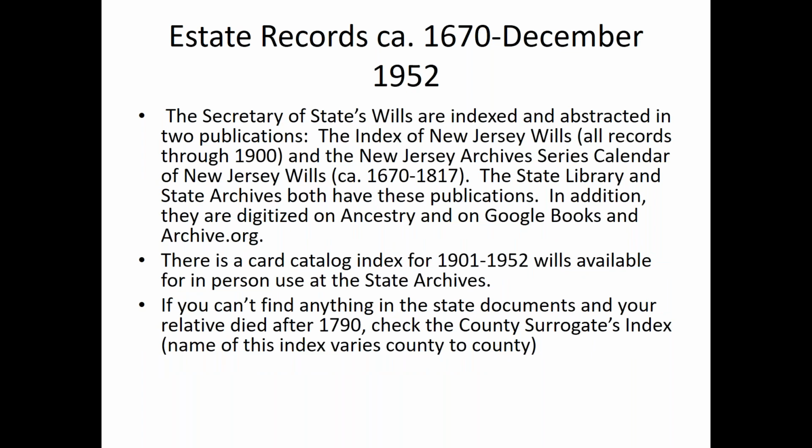Secretary of State's wills, there are two publications. Both of these are available in book format, both here at the State Library and over at the State Archives, and they're digitized online in numerous places. The Index of New Jersey Wills, which has all of the records through 1900, and the New Jersey Archives Series Calendar of New Jersey Wills, which are the will abstracts of the earliest wills.